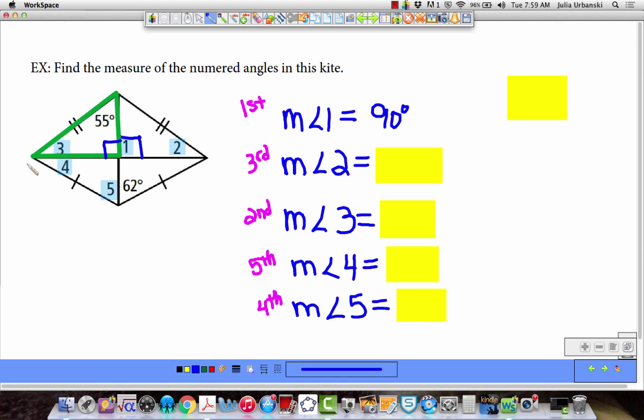How are you going to figure out angle 3? Subtract from 180. You got your calculators? Can you help me with that? 35. I think it's 35. Tell me if I'm right or wrong. Subtract 55 and 90 from 180. Yeah. 35? Okay, so we'll put 35 right here.